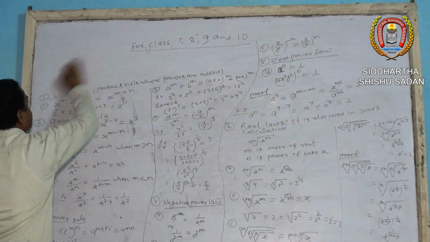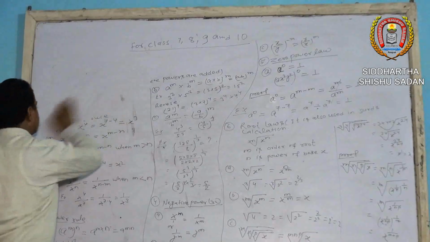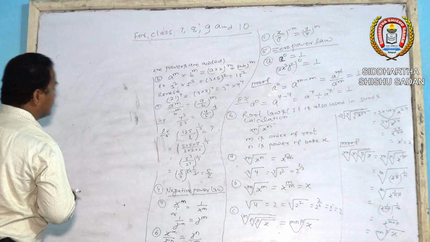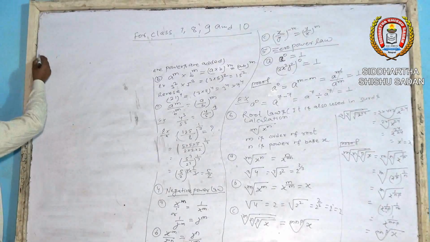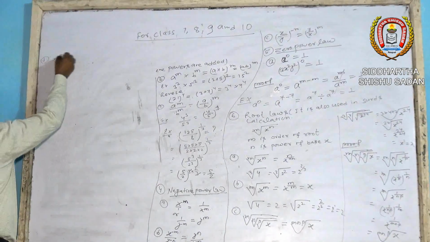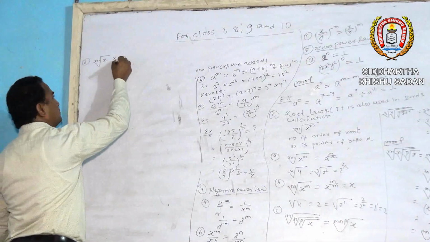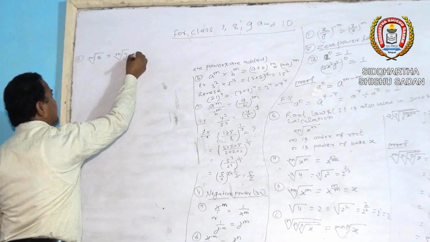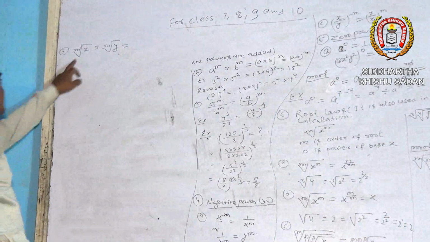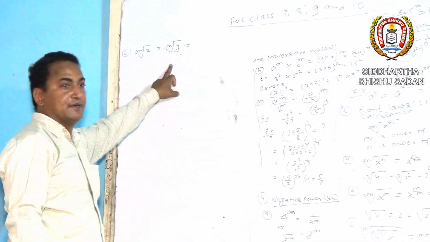Next also, look here. D. m root x into m root y. These two roots have the same order and the bases are different.